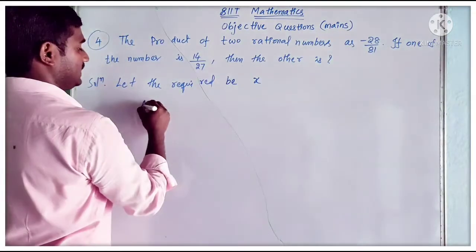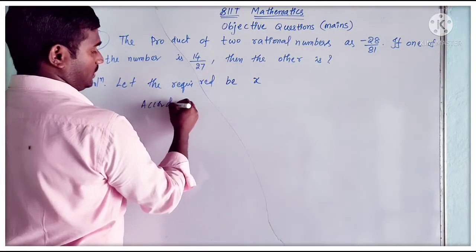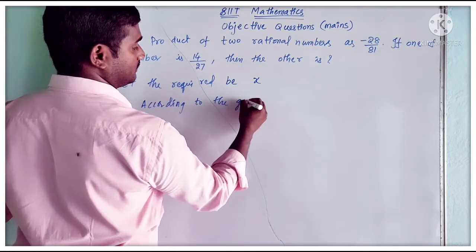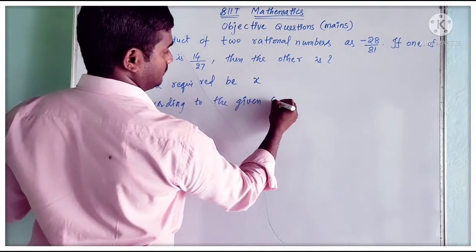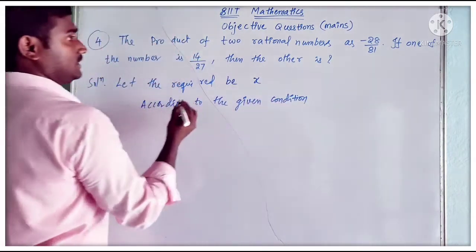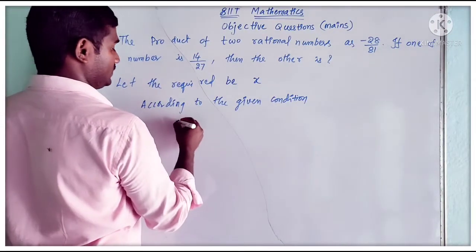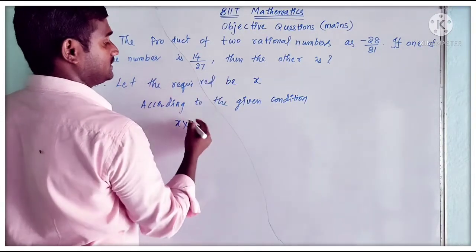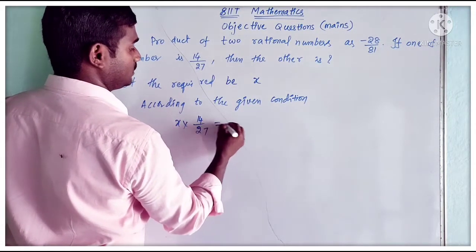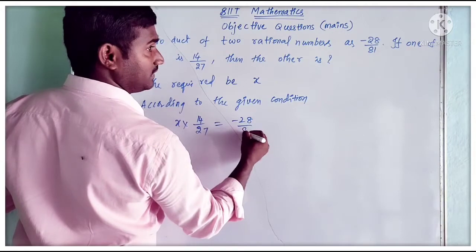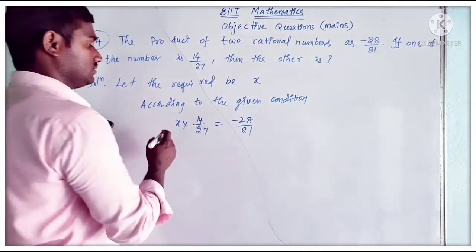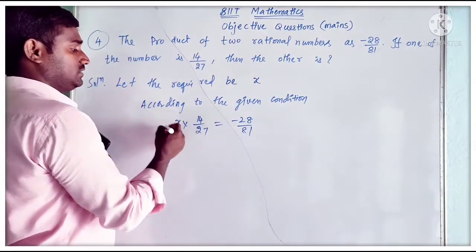So according to the given condition, x into 14 by 27 equal to minus 28 by 81. Now we need to find the x value.